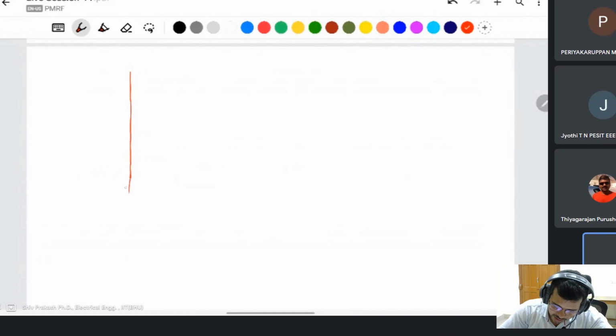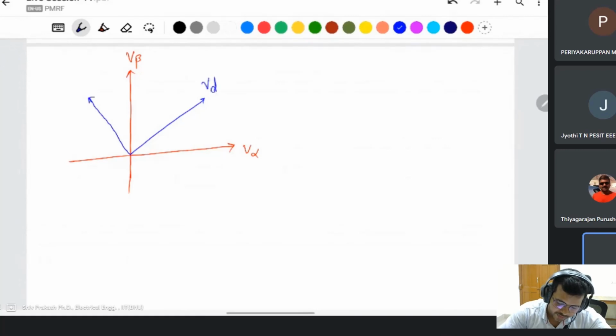We have already calculated this, the V alpha. Suppose this is the beta axis. I take it as V beta. The D axis is taken at some angle to this one, at some angle like theta.